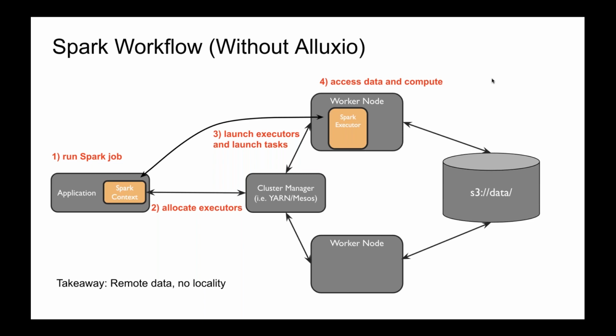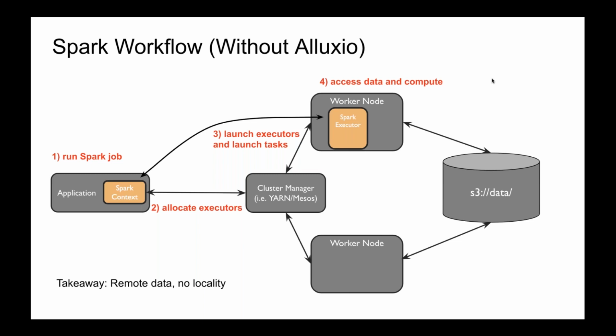On the third step, the Spark job will launch executors and also assign tasks to different executors in this cluster. And inside these different executors, the next step is to access data and do the compute. And later on, they can just destroy this job and remove this node's executors.